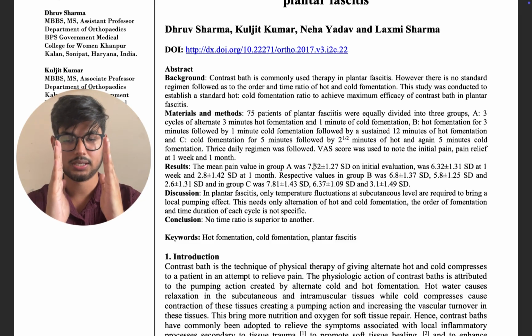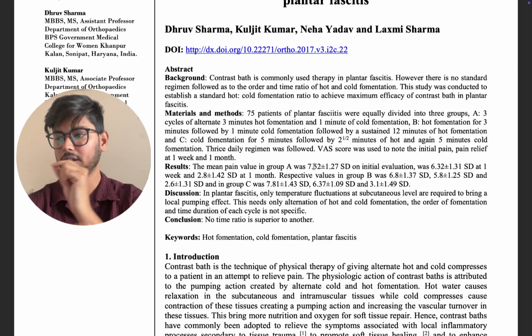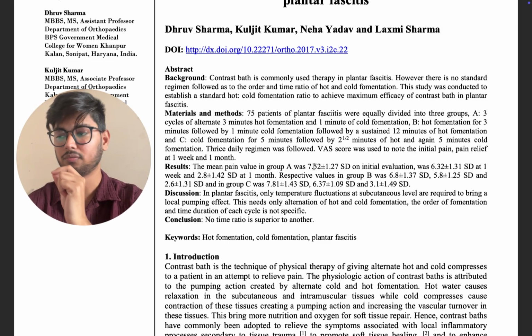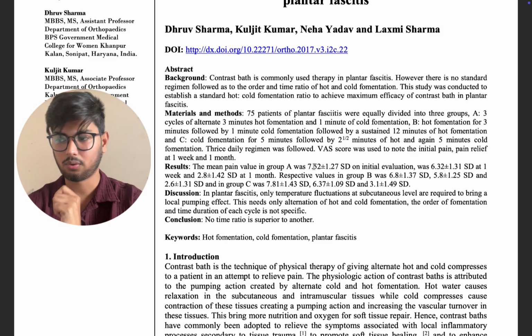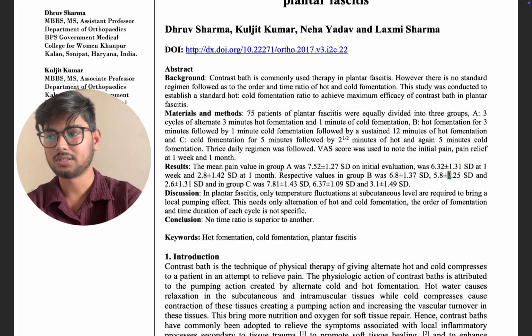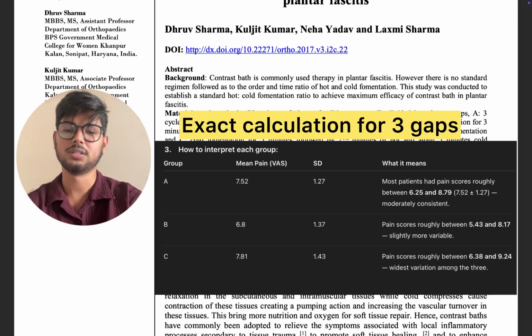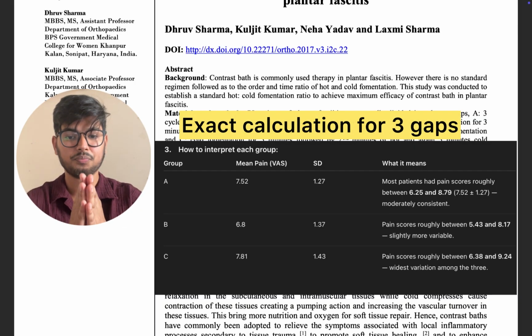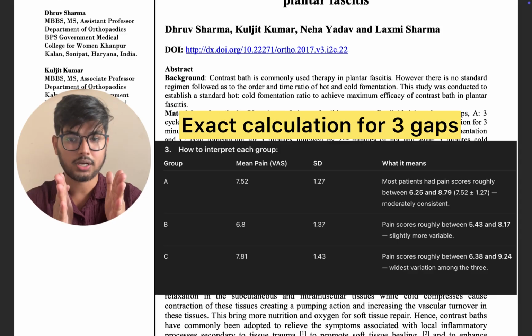This was the zone in which the pain values fell for group A. Similarly, you will do it for each and every group: you just add and subtract the exact same value given for the standard deviation, and you will get to know the zone you are talking about.